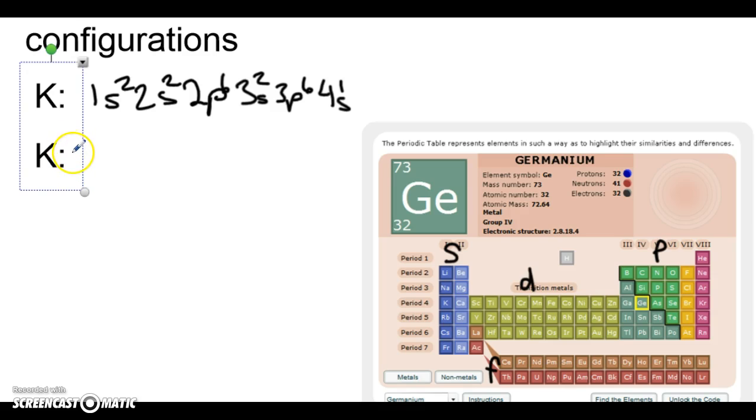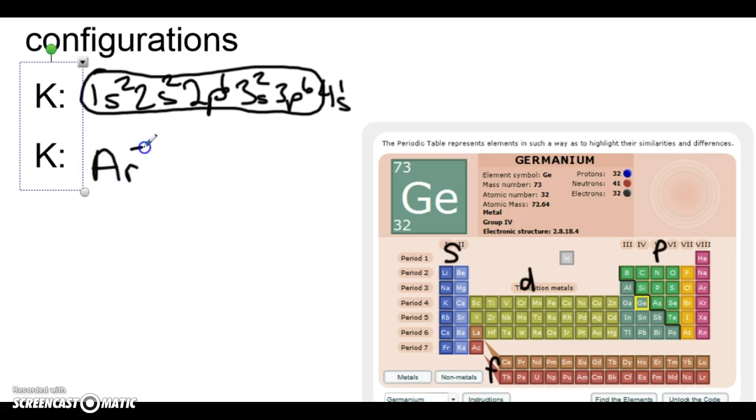If I'm going to write an abbreviation, I can describe all of the electrons that exist in the noble gas that precedes the element I'm talking about. So this right here is the electron configuration for argon, which has 18 electrons. I could write all 18 electrons, or in the abbreviation I just write argon in brackets.